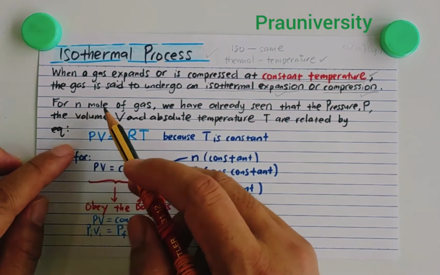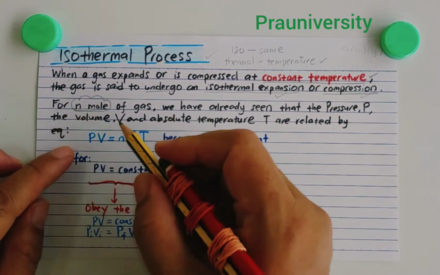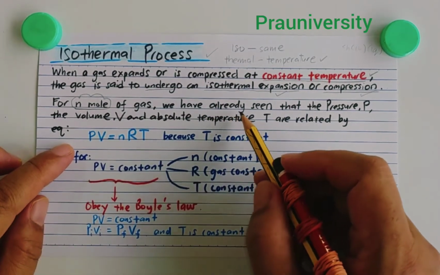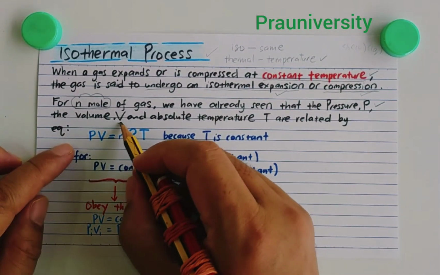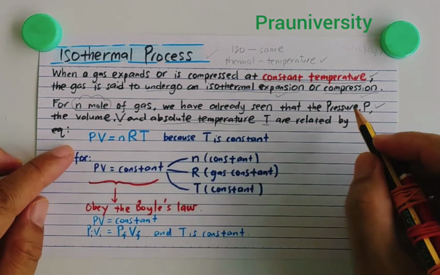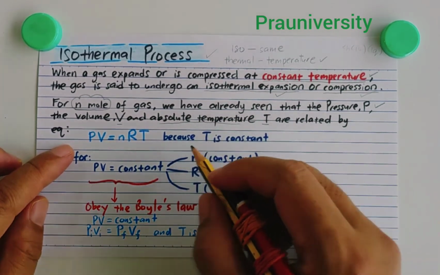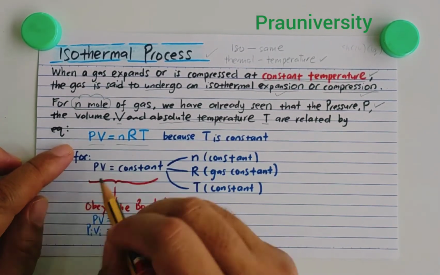For n moles of gas, careful, we are referring to the mole. We have already seen that the pressure P, the volume V, and the absolute temperature T are related by the equation PV equals nRT.